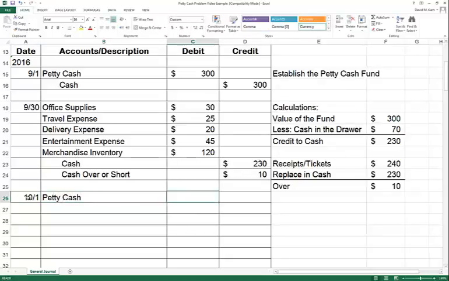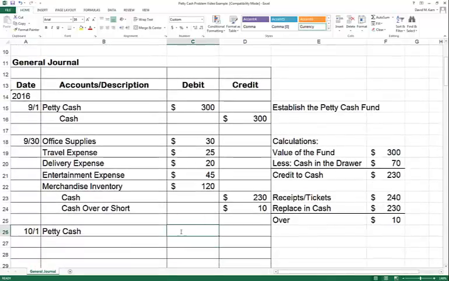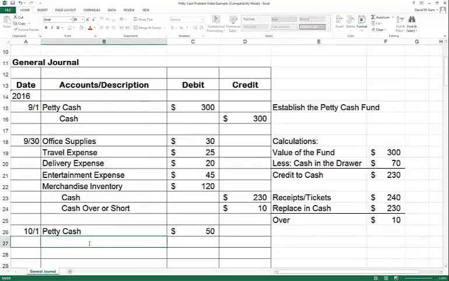We don't want to debit it for $350 because we're already at $300, so we only have to debit it for $50. And then we simply credit cash for $50. Now our fund balance is at $350 and we're ready for the expenses and or assets for this accounting period when it comes to petty cash.